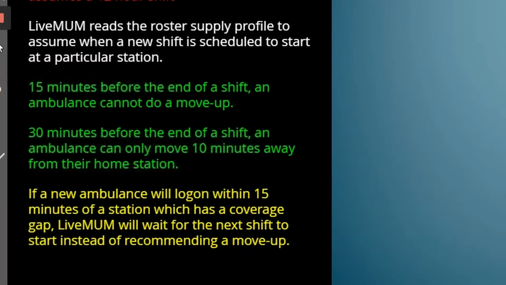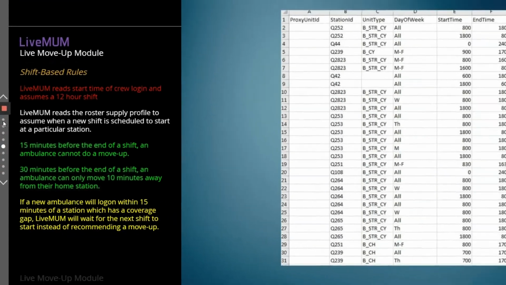These rules help ensure that units who are towards the end of their shifts are not recommended for long move-ups. For example, when a resource is within 30 minutes of the end of their shift, they will only be permitted to move up 10 minutes away. 15 minutes before the end of their shift, they will no longer be eligible to move up at all.